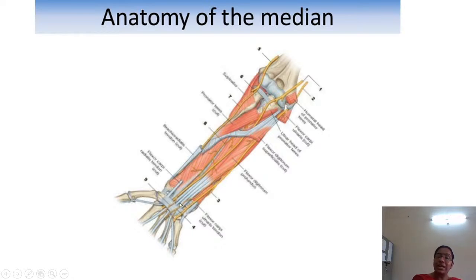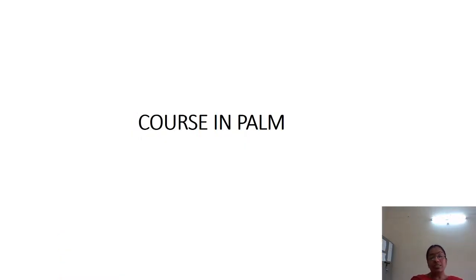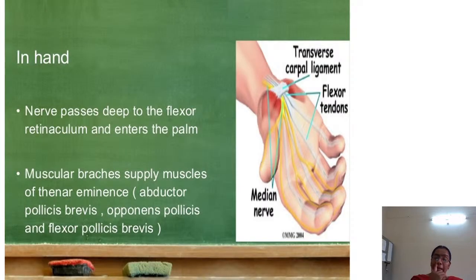It lies between the palmaris longus and flexor carpi radialis tendon, passes beneath the flexor retinaculum and enters the palm. So when it enters the forearm between the two heads of pronator teres, it lies between flexor digitorum superficialis and profundus. After that, it goes laterally, lies between palmaris longus and flexor carpi radialis tendon, passes beneath the flexor retinaculum, and enters the palm.